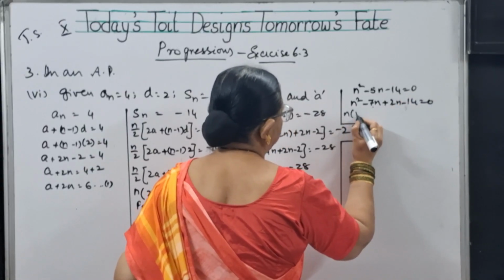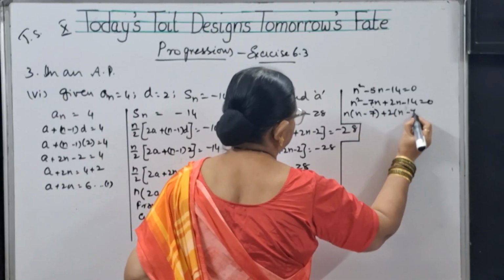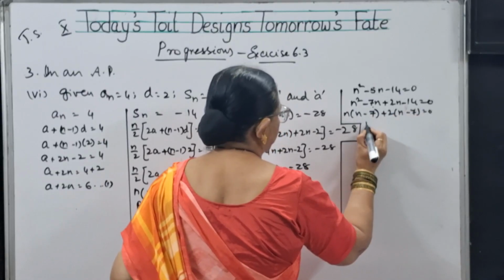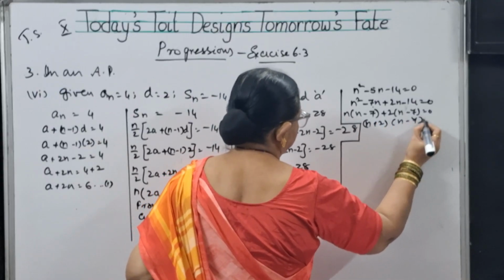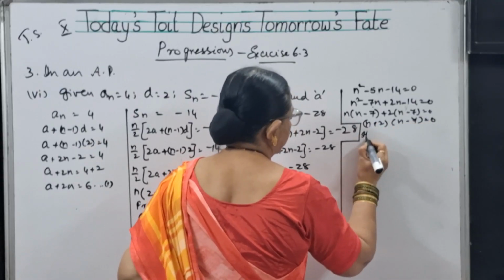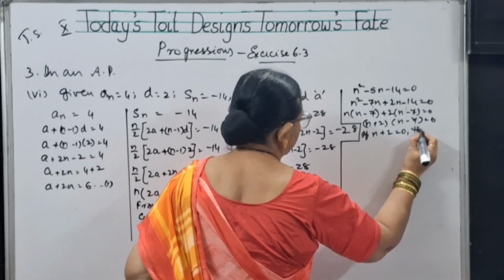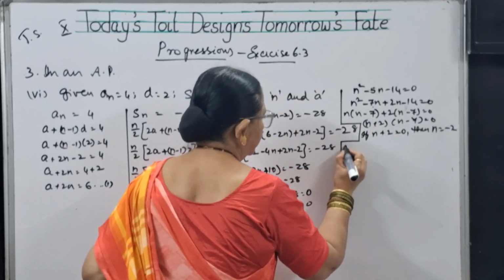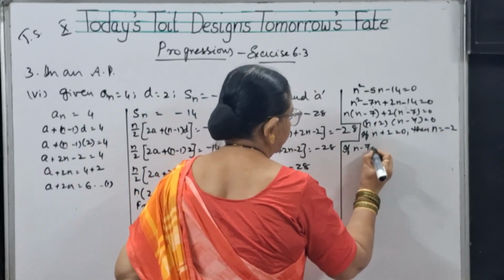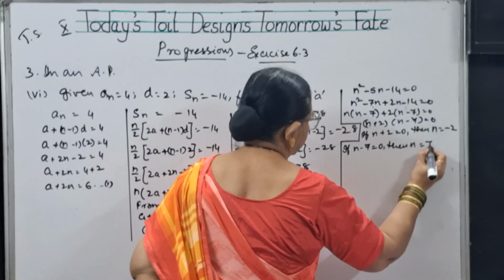So n into (n minus 7) plus 2 into (n minus 7) is equal to 0. That means (n plus 2) into (n minus 7) is equal to 0. If n plus 2 is equal to 0, then n is equal to minus 2, and if n minus 7 is equal to 0, then n is equal to 7.